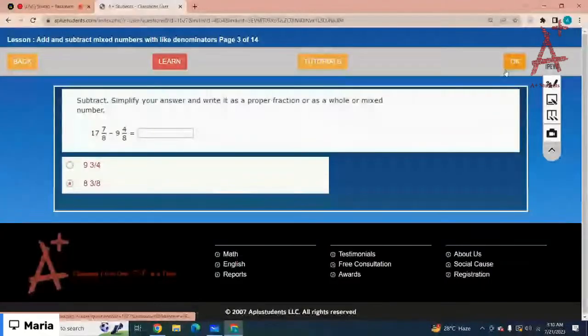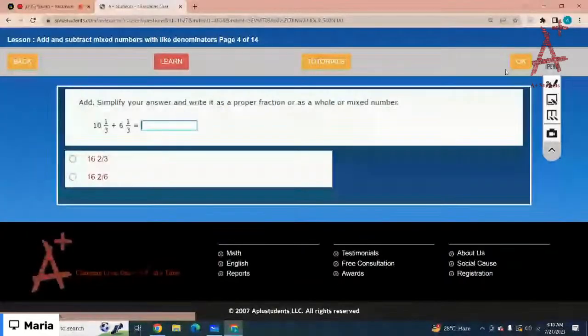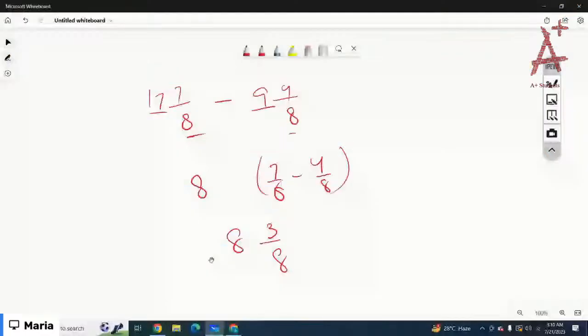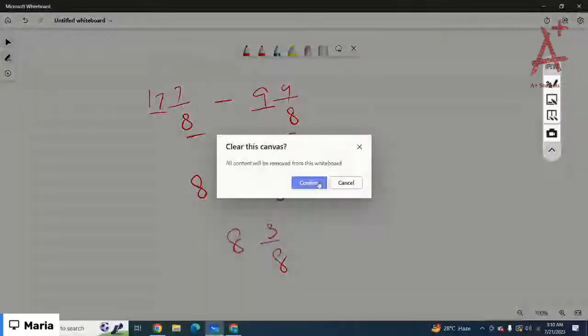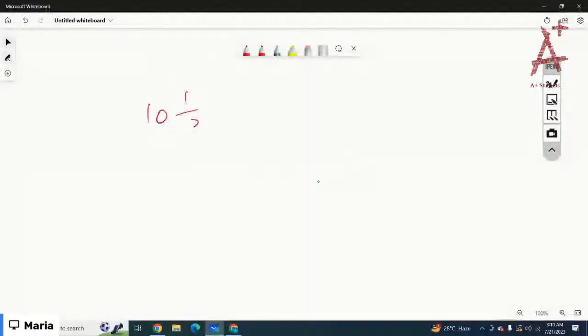Okay, the next one is 10 whole 1 over 3 plus 6 whole 1 over 3. The basic concept here is, first you have to see what like means.